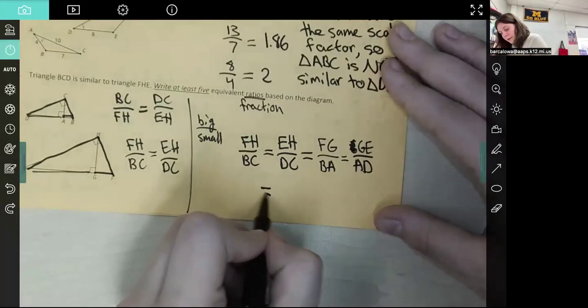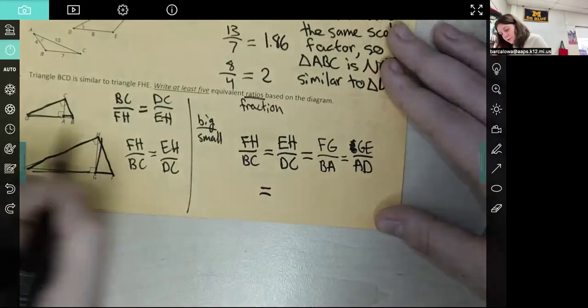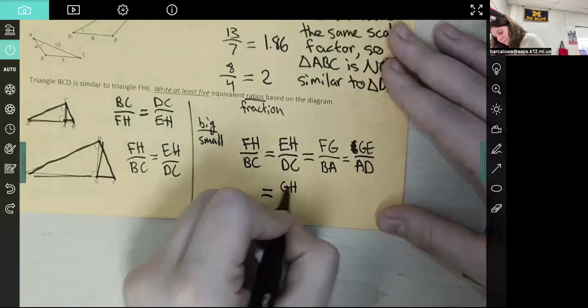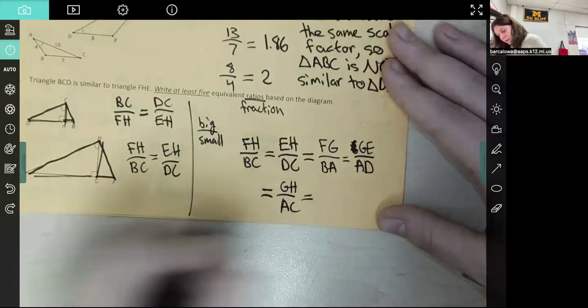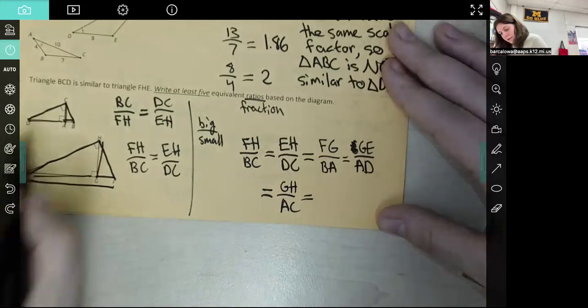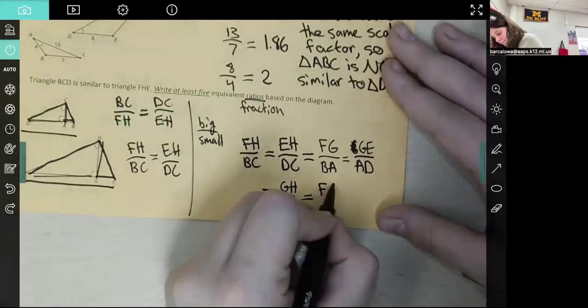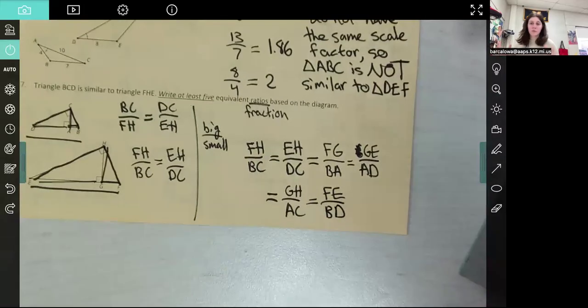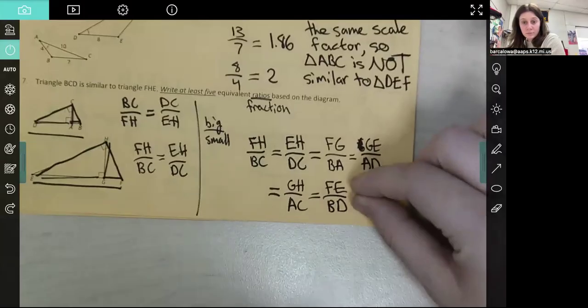All right, I also have GH and AC. Oops, my line was crooked. And finally, I could say FE and BD. Right? Do you know how to pair corresponding sides together like that? Okay.